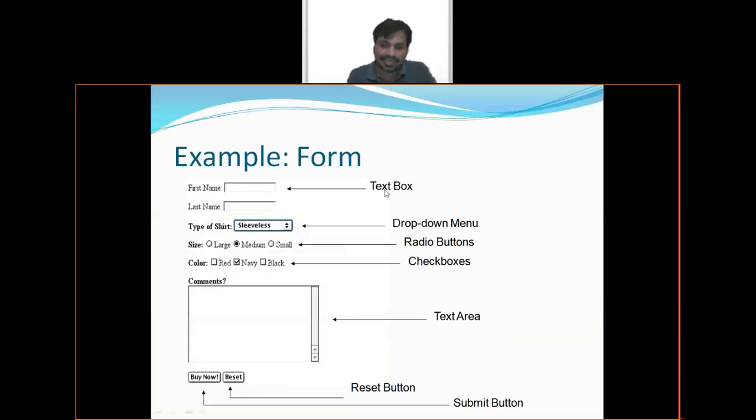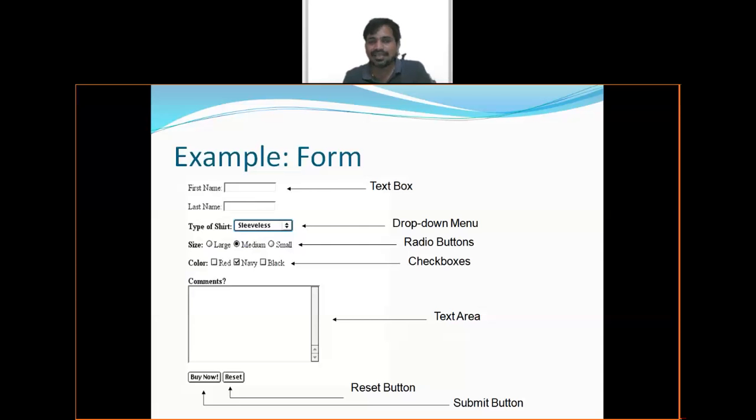Technically, every field is given a name as per its property. On the left side you can see the caption, the label, and these are the fields. With their help you can enter your name and your last name.